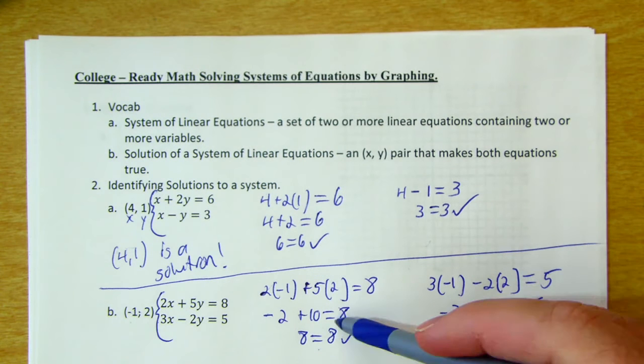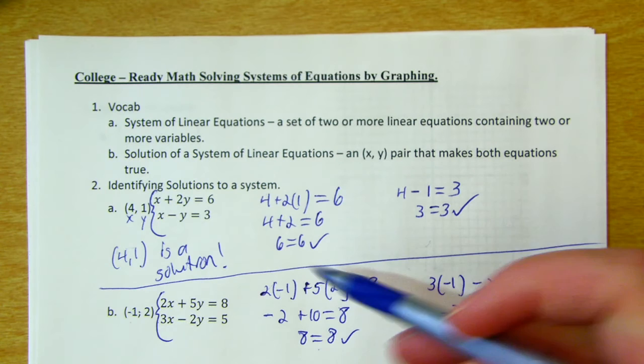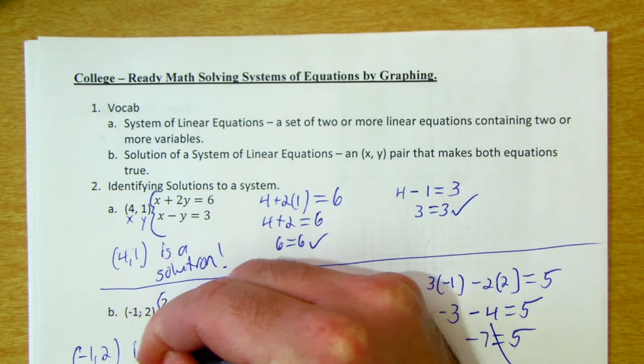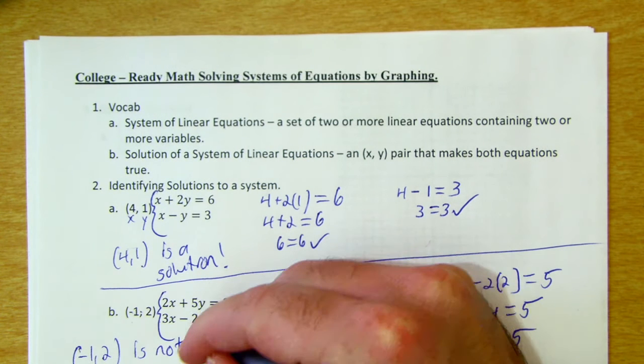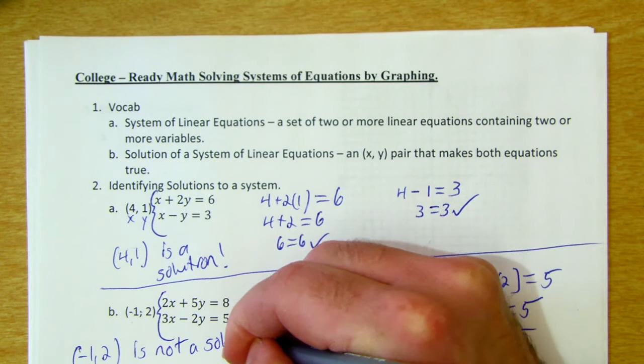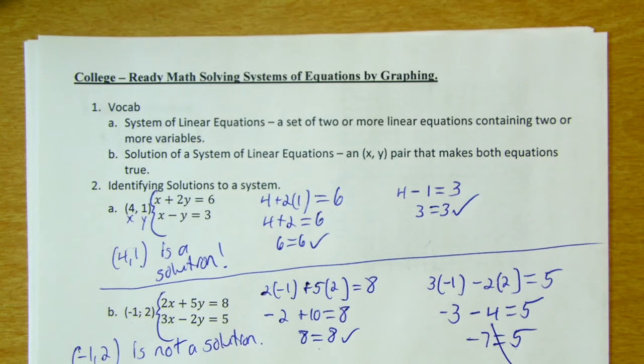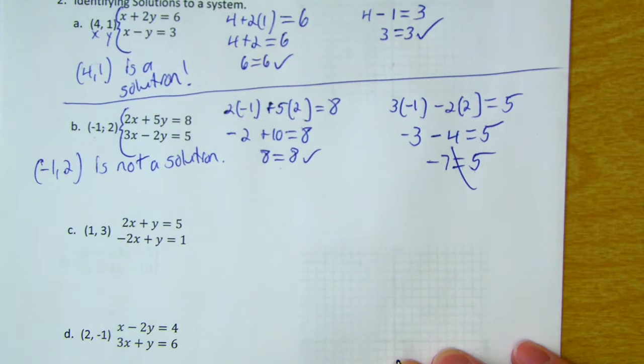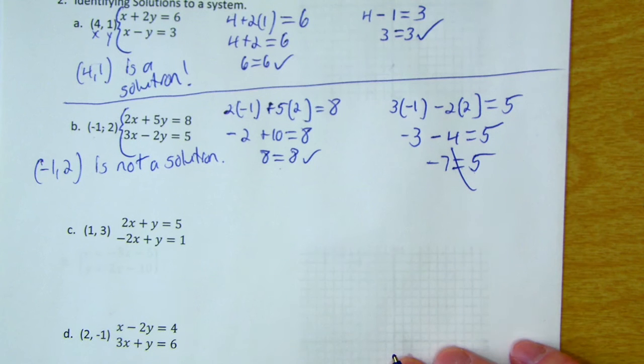So it worked in the first, so that's great, but it didn't work in the second, so no good. It's got to work in both. So definitely not a solution.